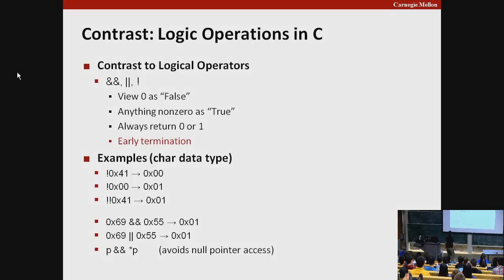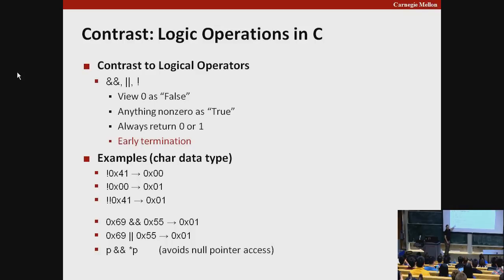Okay? So if we look at this, P, when an operand to an ampersand operation, is going to be evaluated as true or false. If it's a null pointer, it's false. If it's not, it's true. C uses what's called short circuit evaluation, meaning it doesn't evaluate any more of a logical expression than it needs to know the result.